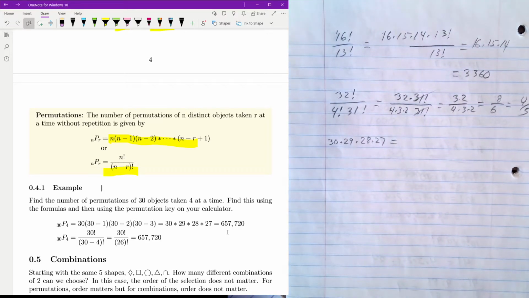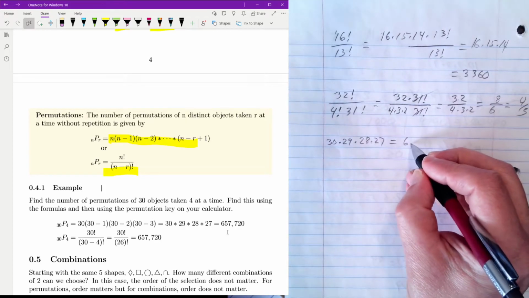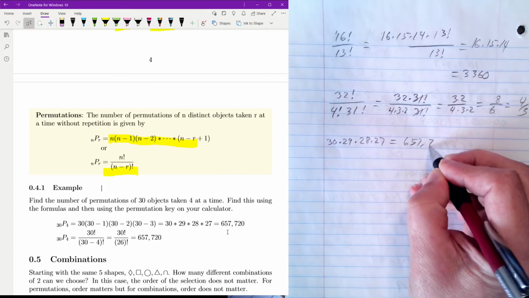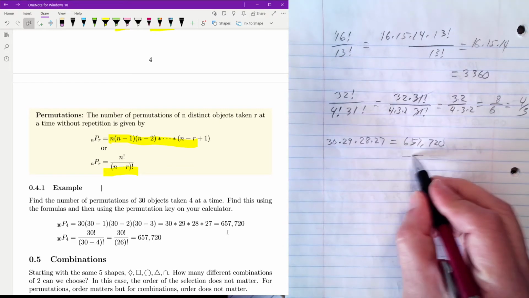Now that's not too bad to multiply, so let's go ahead and do that. 30 times 29 times 28 times 27 gives us a rather large number, 657,720. On the other hand, we can just plug this into our calculator, in which case it would be 30, and then you use the calculator button, permute, 4, which gives me the exact same answer.